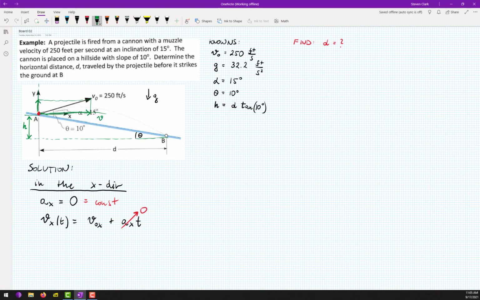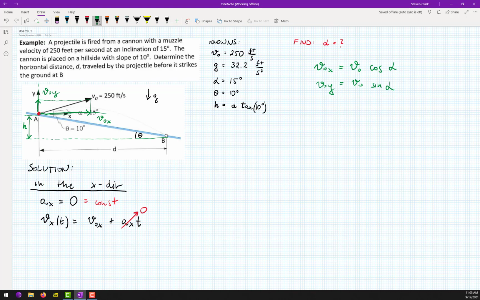So that would be v0x, this will be v0y. v0x is for sure v0, and now sine or cosine? I believe cosine: v0 cosine alpha. And v0y has no other choice, it has to be sine.